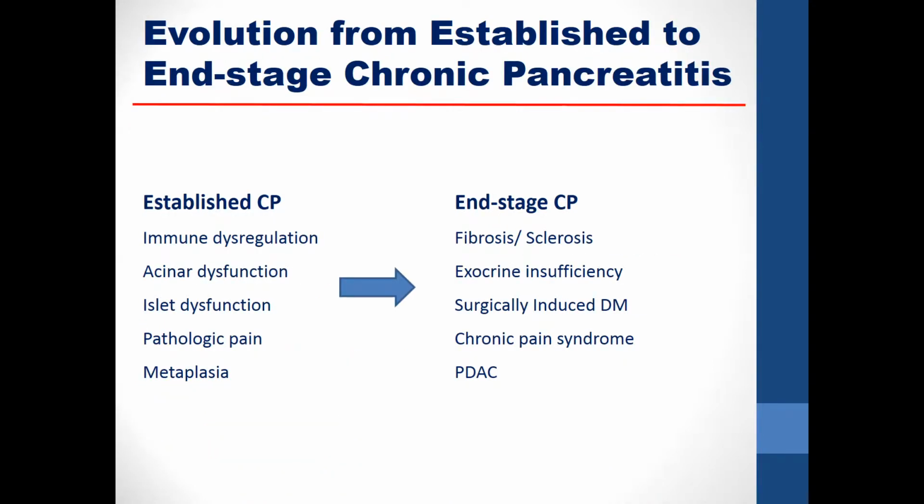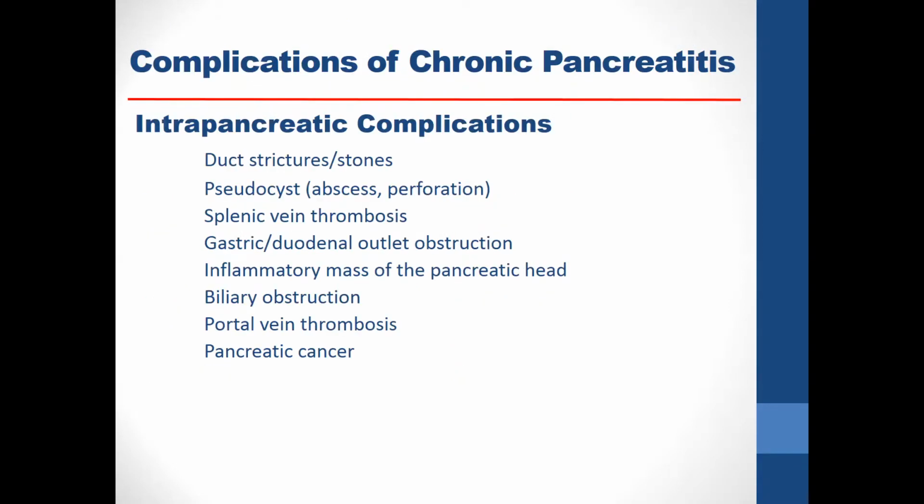When you look at established pancreatitis versus end stage, you certainly have fibrosis, exocrine and endocrine insufficiency, and there's a small incidence of duct-associated adenocarcinoma. Looking at the intrapancreatic complications is essential because it's going to help you decide what kind of operation may best suit your patient.